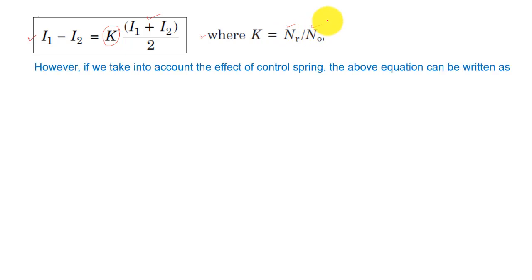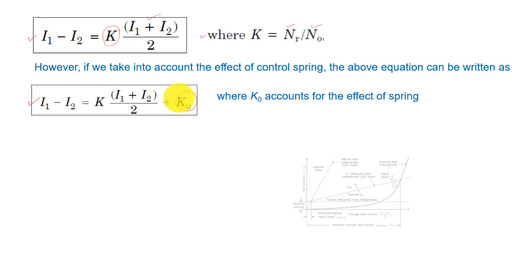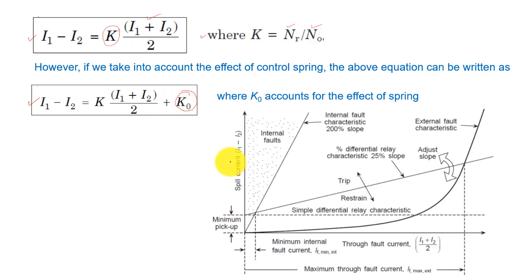However, if we take into account the effect of the control spring, the above equation can be written in this form. K0 represents the effect of the spring torque. Now, we already discussed this, and this is your relay characteristic: the percentage differential relay characteristic with 25% slope, and this is your internal fault characteristic.